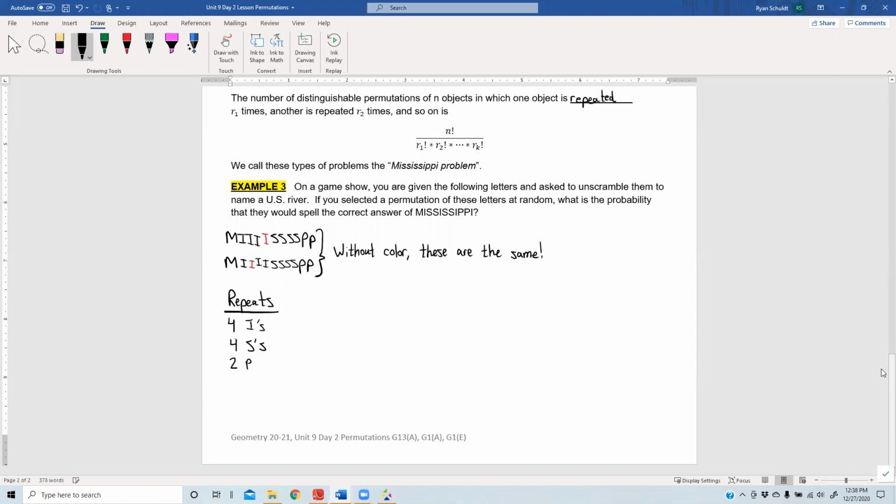There's 2 P's. The total letters in Mississippi, well, let's see, 1, 2, 3, 4, 5, 6, 7, 8, 9, 10, 11. So there's 11 total letters. Using our little formula up above, to get the unique rearrangements, we'd have to do 11 factorial divided by 4 factorial times 4 factorial times 2 factorial.